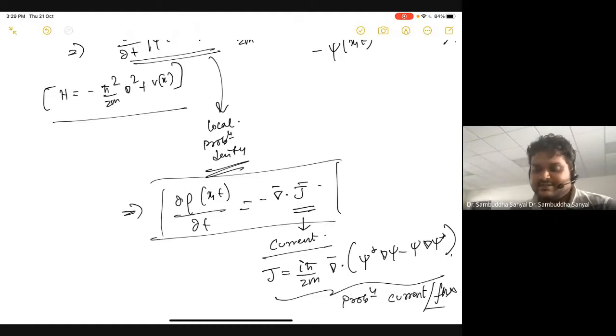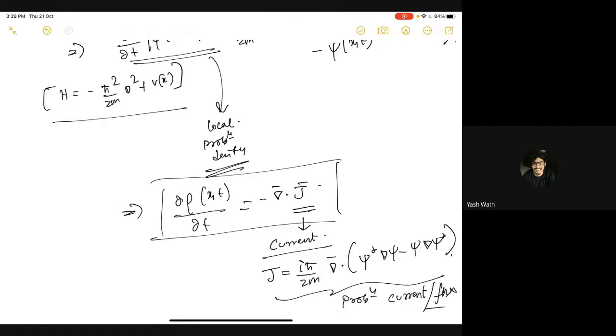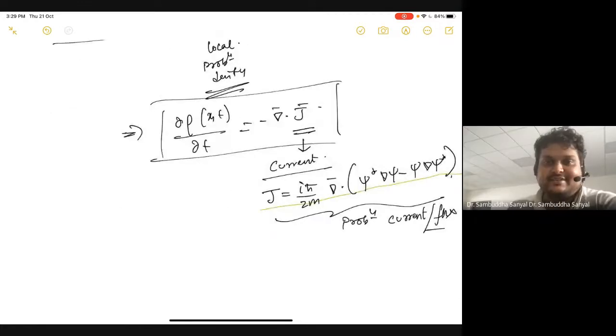Now, have you seen this equation somewhere else? Electrodynamics. Very good. This is exactly the continuity equation, right. So you land on this continuity equation, and that is consistent with what you started with.